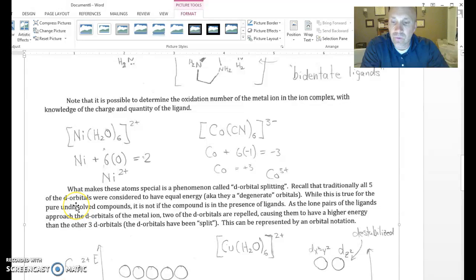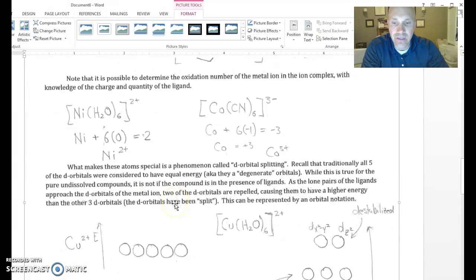So let's go back and recall atoms that contain d orbitals. Whenever you have an s orbital, there's one of them. When there's p orbitals, there's 3 of them, and when there's d orbitals, there's 5 of them. These d orbitals do have shapes, and they're kind of complicated.